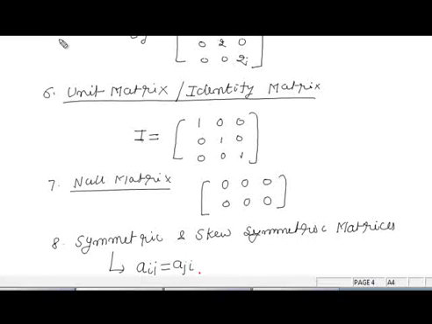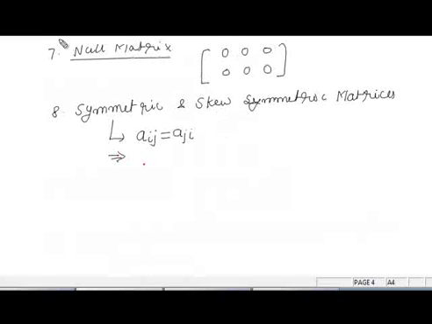And in other words, it can also be written as A transpose is equal to A. And the skew symmetric matrix can be represented as Aij is equal to minus Aji. In other words, A transpose is equal to minus A.